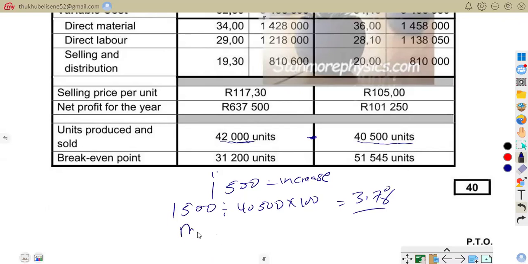So this simply says more sales equals more profit. That is point one.